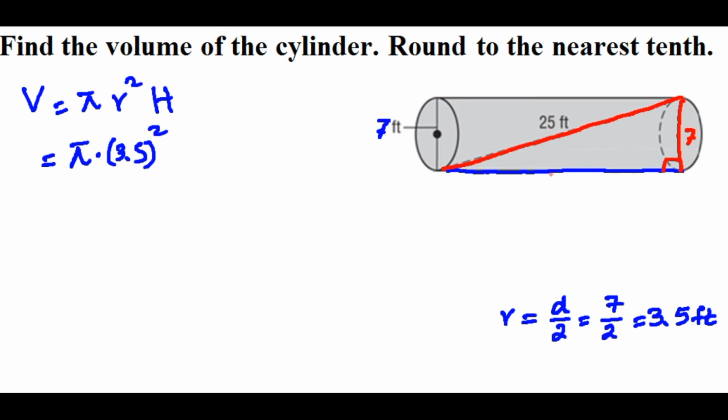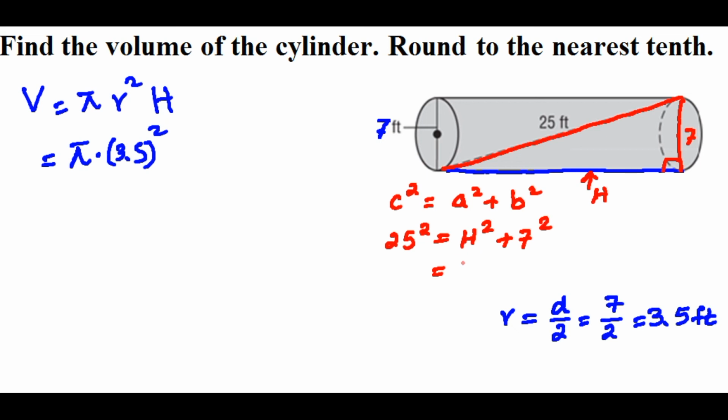So using the Pythagorean theorem, we can find a missing leg if you are given the hypotenuse and the other leg. So we can use the formula to find the height by taking it as a leg of the right angle triangle. The formula for the Pythagorean theorem is c squared is equal to a squared plus b squared. C is 25, so 25 squared equals h squared plus 7 squared.